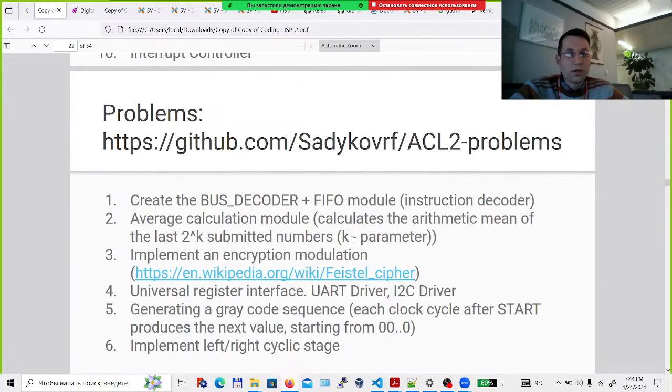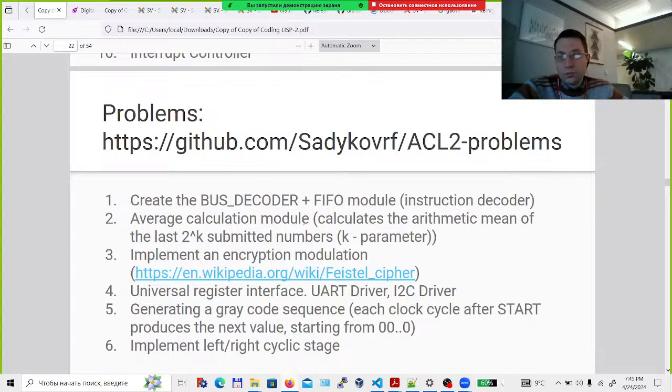I would like to provide you some practice with this topic. If you would like to do some Verilog coding and formally verify all of those sources, I would like to give you some problems which you can do at your own pace. For example, you can create a bus decoder plus a first-in-first-out model with an instruction decoder and an average calculation mode.